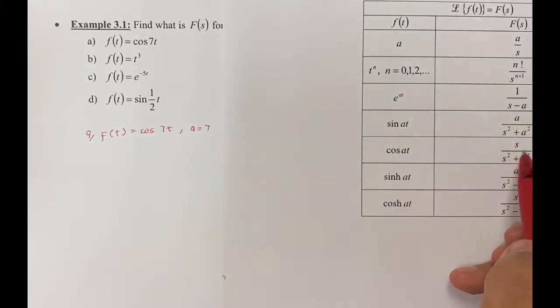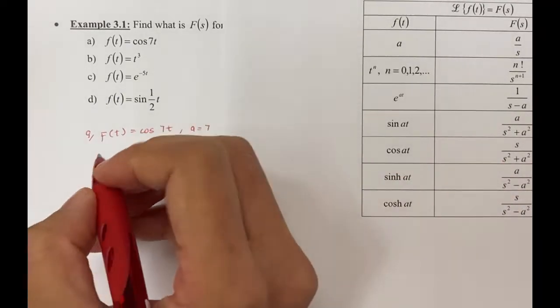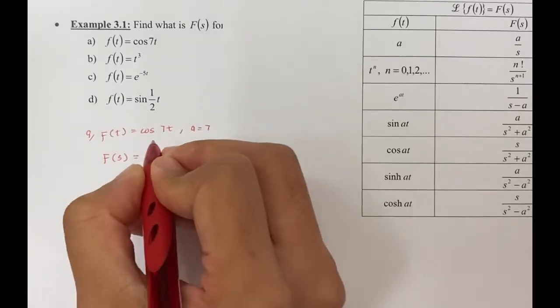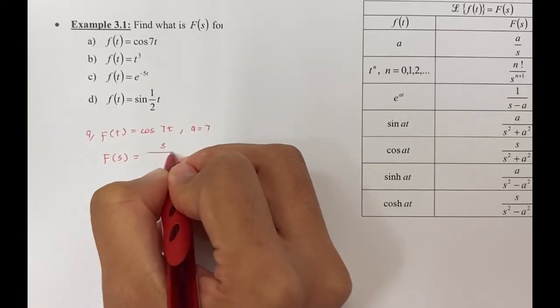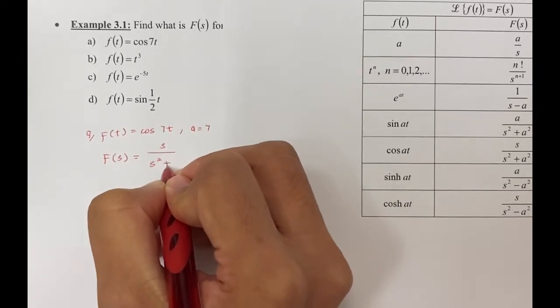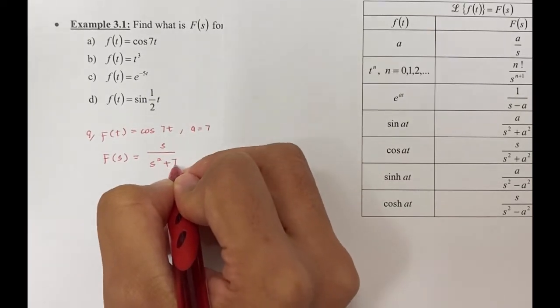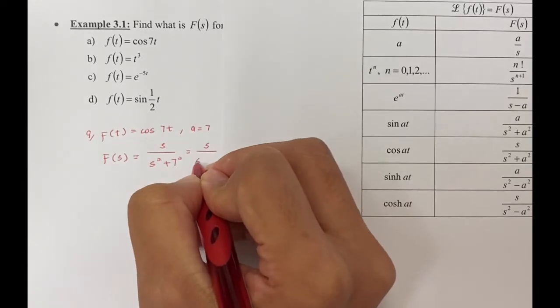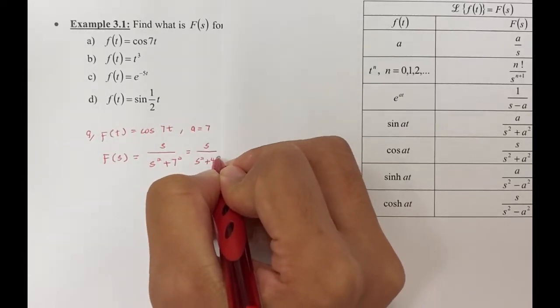For cos at, we have s over s square plus a square. So F(s) for cos 7t is equal to s divided by s square plus a square, which is 7 square. And this is equal to s over s square plus 49.